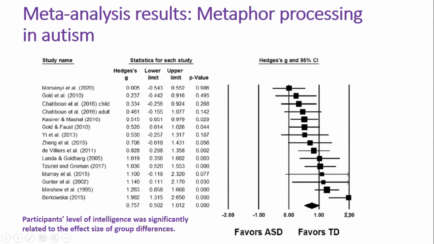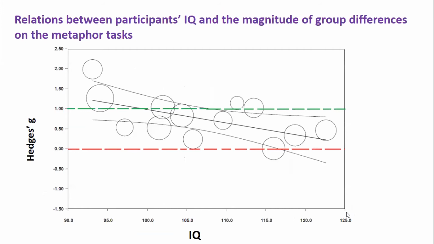So you can see that the results are quite different from the results of the analogy meta-analysis. And then we also found a difference between participants with different levels of intelligence. And this was also in the opposite direction to what we found earlier. So you can see here, this is participants with an IQ of 90-95.